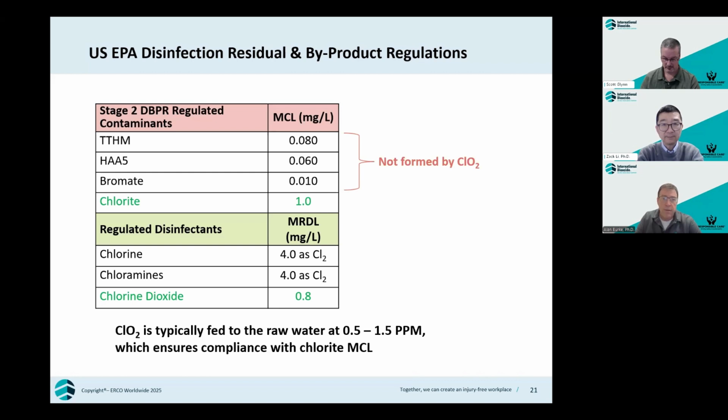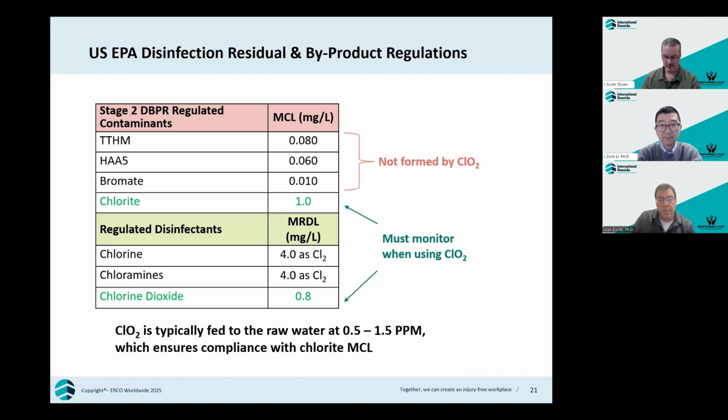Really, the top 3 are not generated from chlorine dioxide usage, so that's a great benefit of having it incorporated to some effect in your plant treatments and having some resiliency around how to treat the source waters. But when chlorine dioxide is being used in the plant, you must monitor for chlorite and chlorine dioxide residuals.